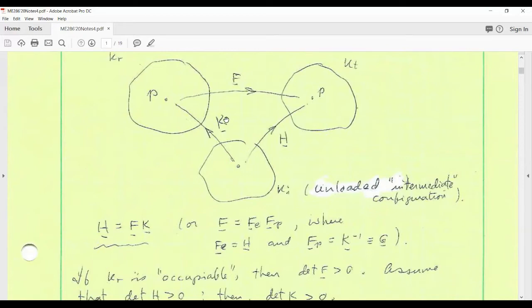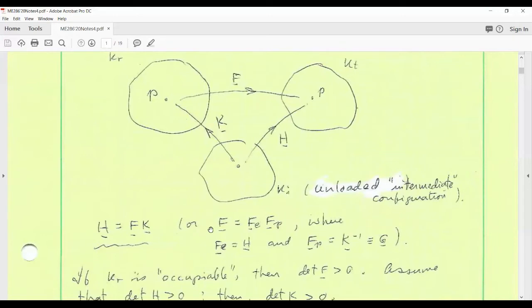In other words, the plastic deformation would take us from the reference configuration to this so-called intermediate unloaded configuration. This would be FP. Going in the reverse direction means FP inverse. So we can write that this way. So H then would be F preceded by K. We first map the point by K, then map the point by F, and we arrive at H, okay?